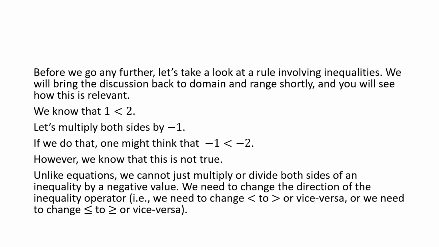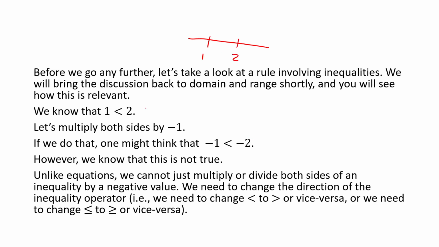Now, before we go any further, let's take a look at a rule involving inequalities. We'll bring the discussion back to domain and range shortly, and you'll see how this is relevant. We know that 1 is less than 2. In terms of a number line, that means 1 is to the left of 2.